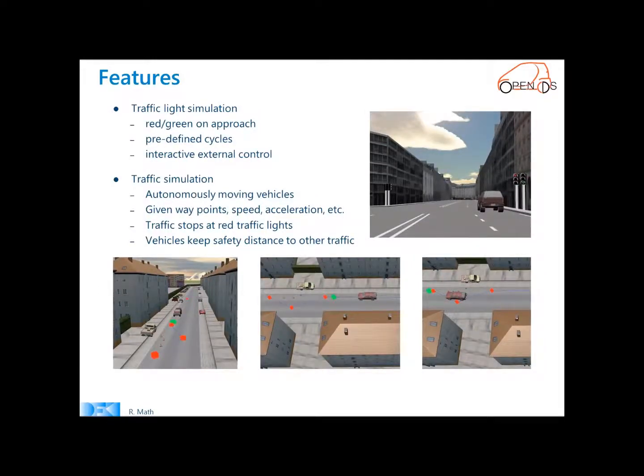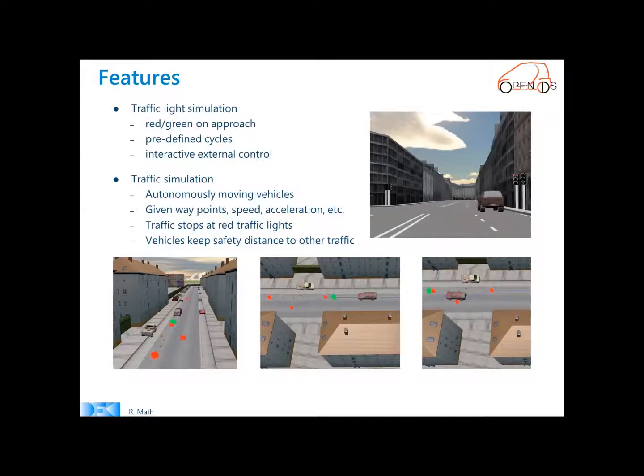Yeah, I already mentioned in our traffic light simulation, we can attach SUMO. So this is the bullet point interactive external control. This doesn't necessarily need to be external software. You could even give manual external instructions.